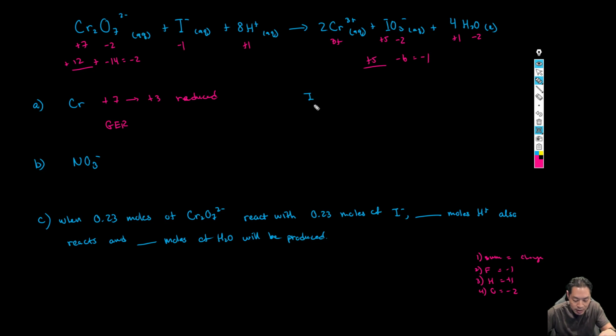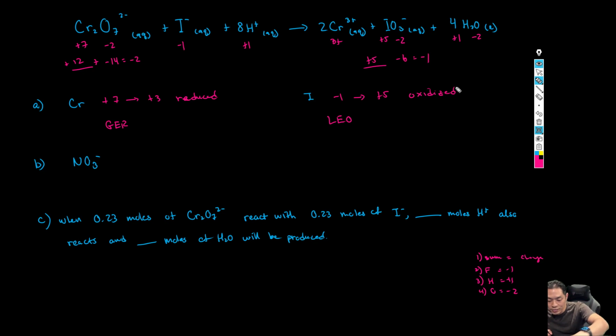Iodine is going from -1 to +5, so it is losing electrons, Leo, which means it is oxidized. So that's how you do it.